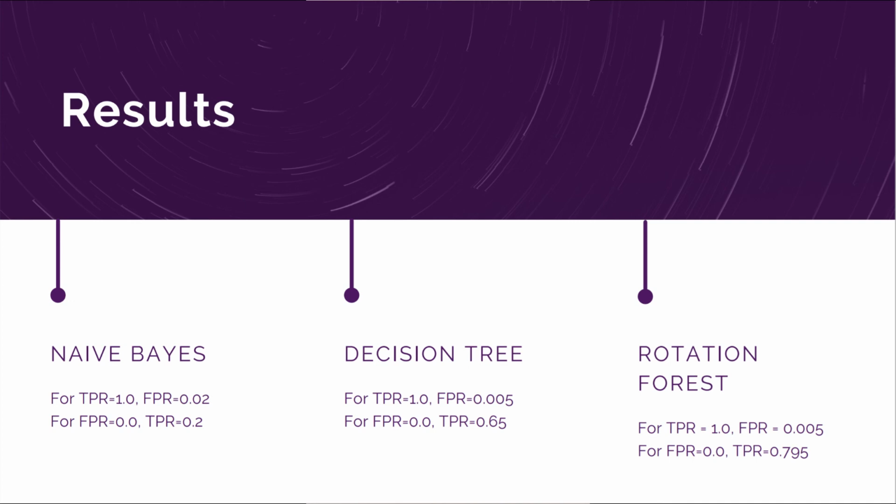For the decision tree, for true positive 1, we have a false positive of 0.005, and for false positive 0, we have a true positive of 0.65. And the best classifier was the rotation forest. For true positive 1, we have a false positive of 0.005, and for false positive 0, we have a true positive of 0.2.